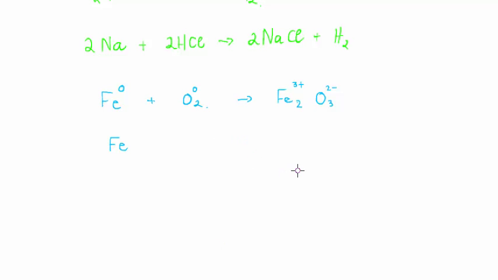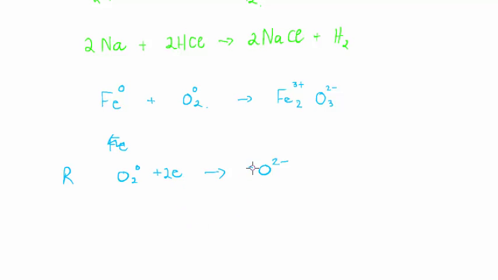Which one's oxidation state decreased? Oxygen. Oxygen went from O2 to becoming O2 negative. So on which side am I adding electrons to balance it? On this side, yes, plus 2 electrons.